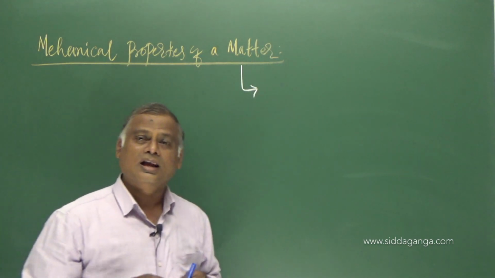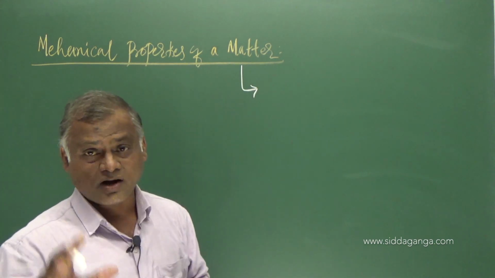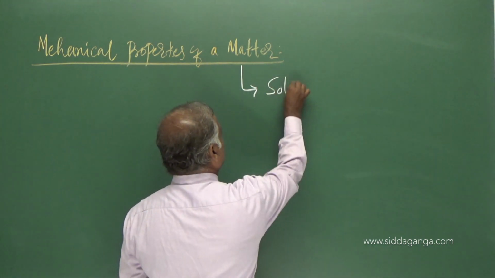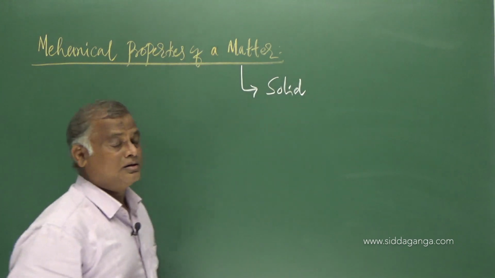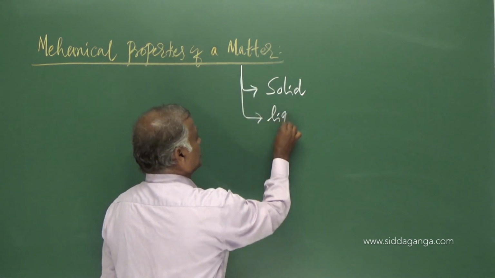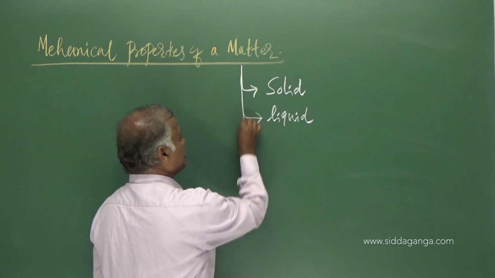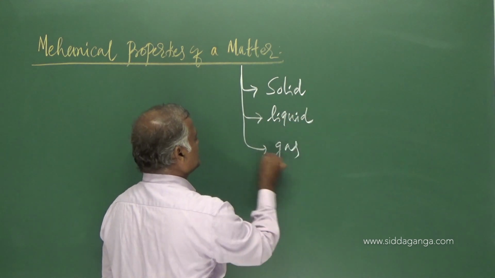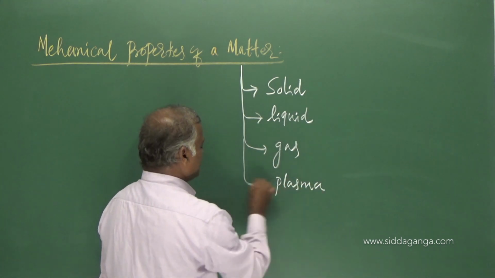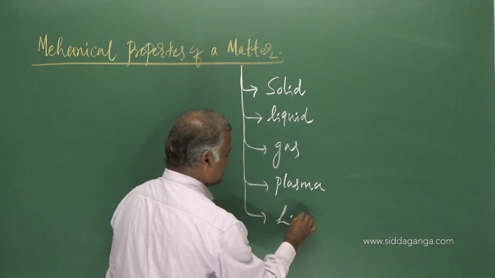And one more, liquid crystal state. Totally 5 states you can have. Matter can be a solid, can be a liquid, can be a gas, can be a plasma state, can be liquid crystals.